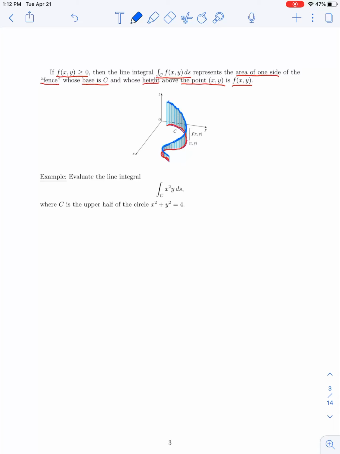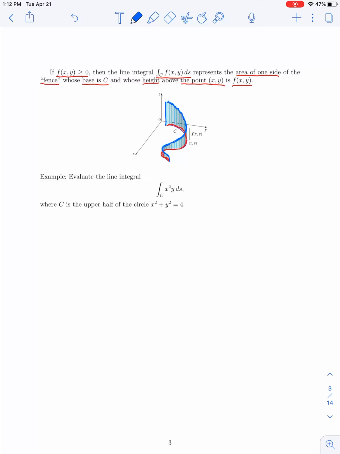And in this line integral, we're adding up these heights of all of our points over this curve. So we're calculating the area of one side of this fence or curtain that's shown here in blue. So that's one way that we can think about a line integral geometrically.